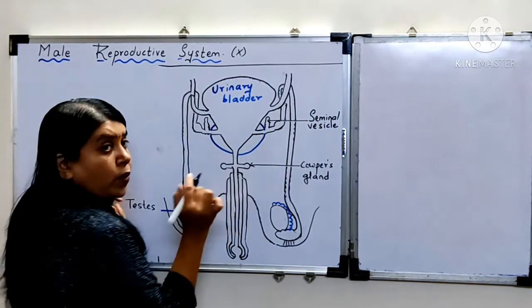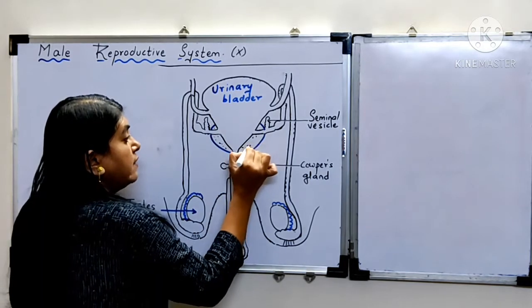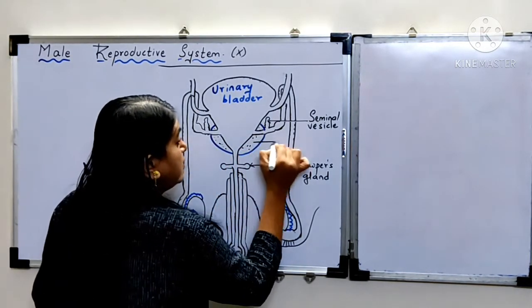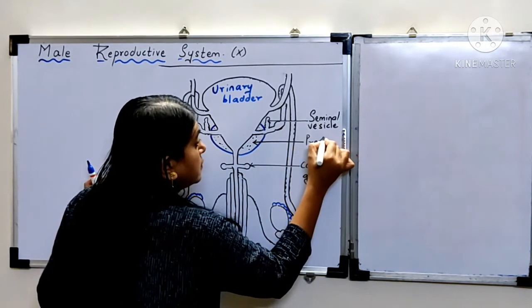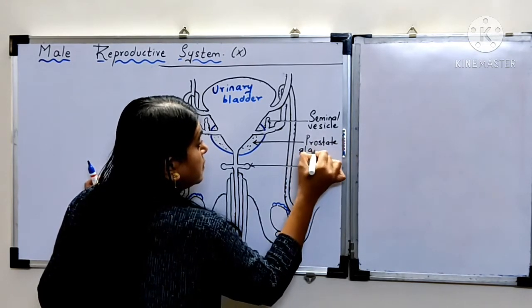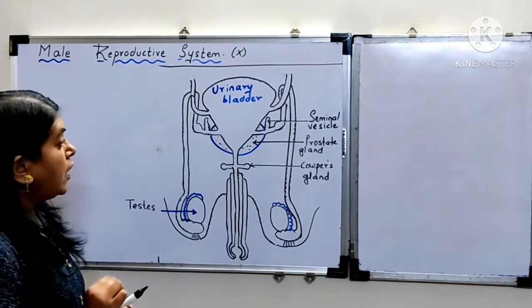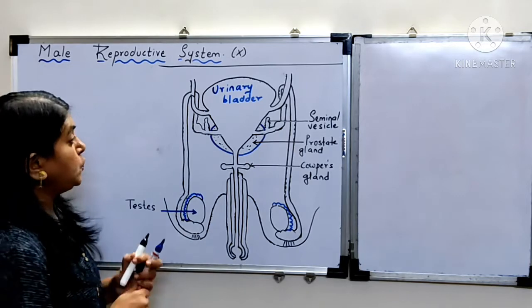Alright, this blue colored part, then this gland, it is called the prostate gland. Prostate gland. Now let me point out the duct and show it to you.